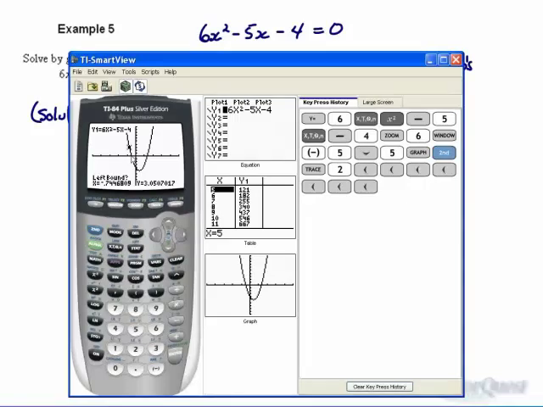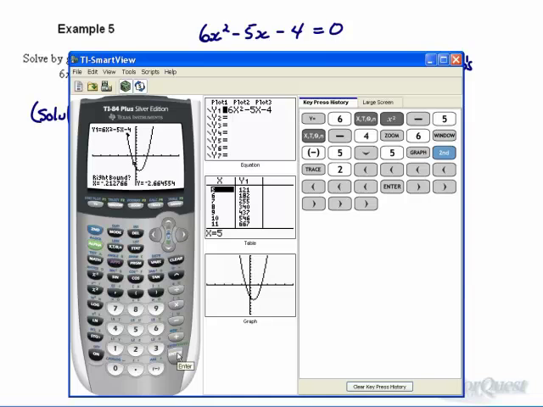This is a 0 you're looking for, an x-intercept. When you think of that 0, you want your cursor on the left side of the 0. Right now I am on the left side of the 0 on that line. Hit enter. You'll notice there's a little triangle that shows up. Use your arrow key to cross the 0, and once you cross the 0, you're on the right side of it, and hit enter again.